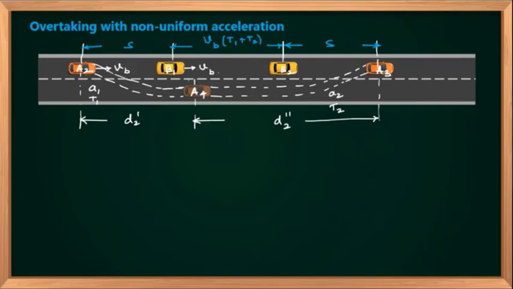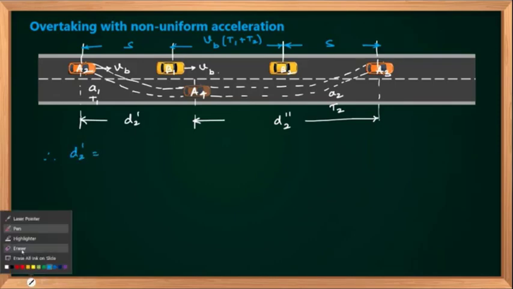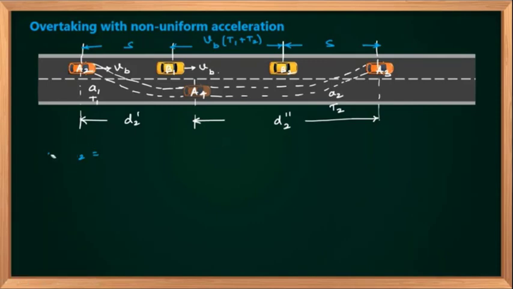It is not VB into capital T, it is VB into (t1 plus t2), because t1 plus t2 will ultimately give you capital T. So what is d2 dash? Please respond. It is based on the formula ut plus half at square, right?